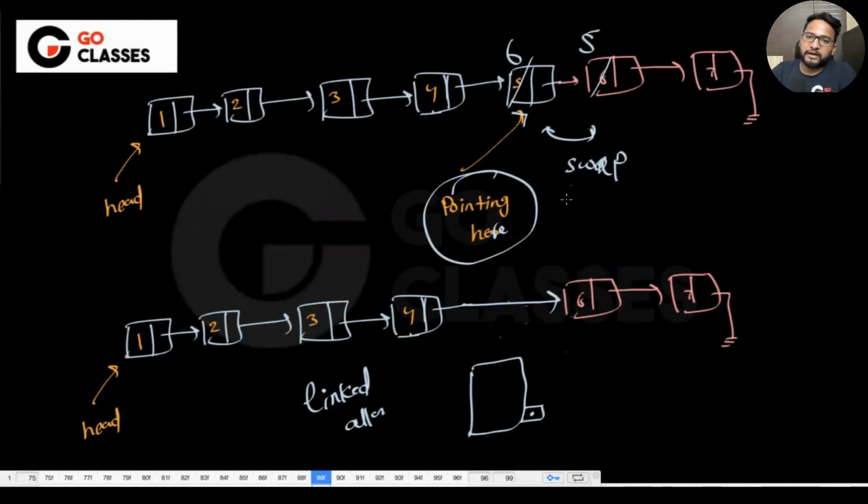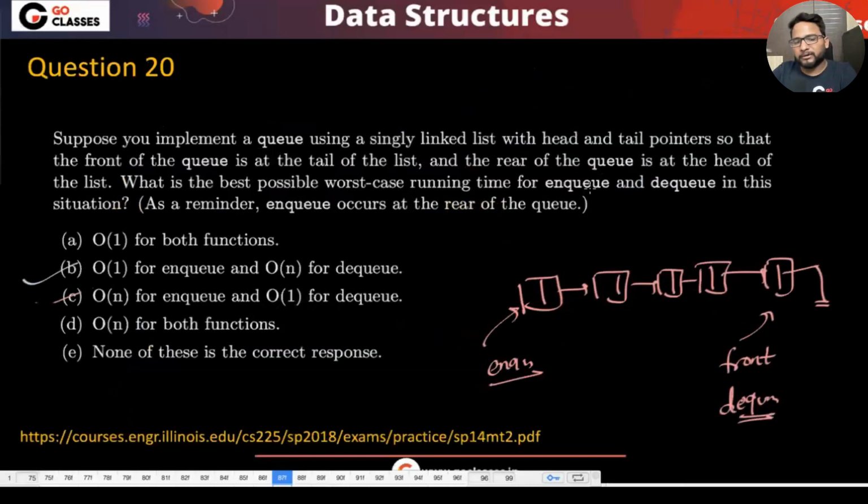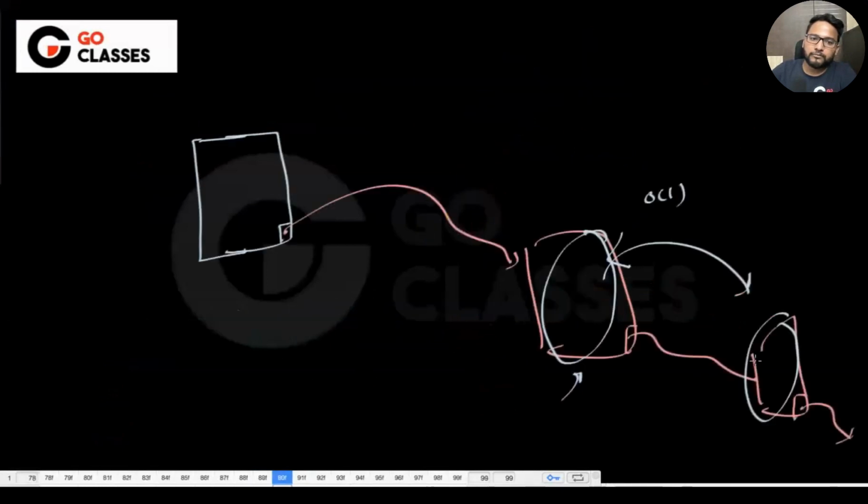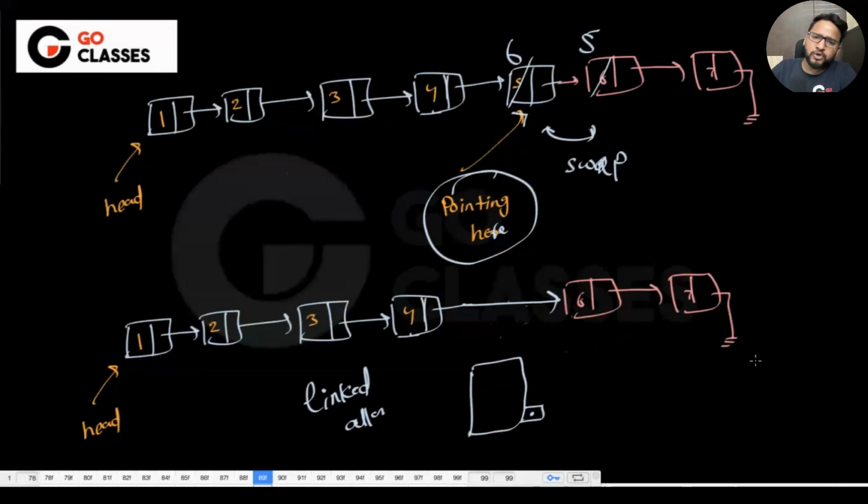You also don't know how much time the swap will take, because it is not given what the size of the data is that each linked list node is carrying. So let's not worry about it. But the common mistake is that we assume swap is order of one. If swap is order of one, then you can do it.